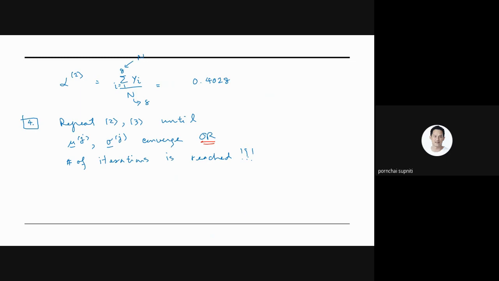Okay, this is how it works for the numerical example.